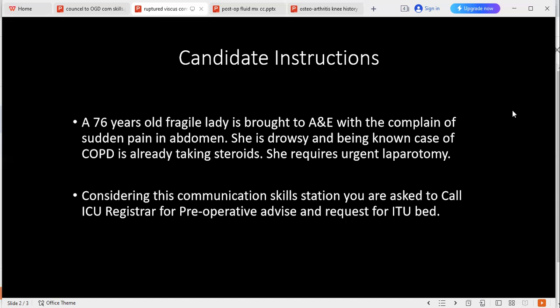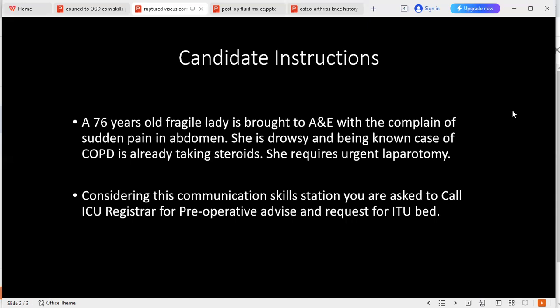So I will give her hydrocortisone. I will keep contact with the anesthetist, to review the patient perioperatively, and I will also consider giving oxygen cautiously in this COPD patient.